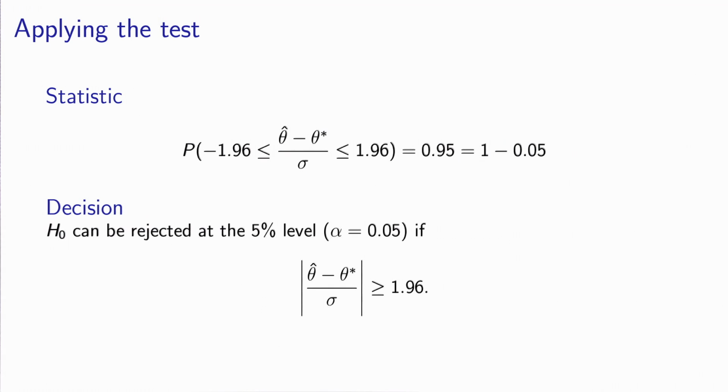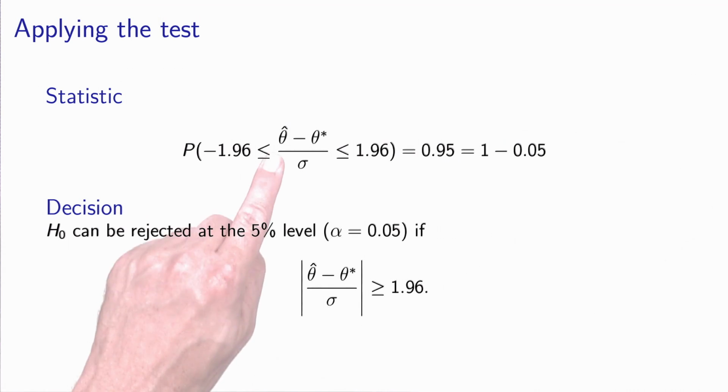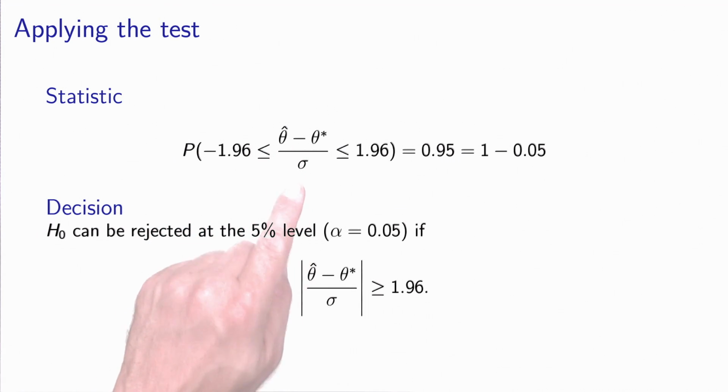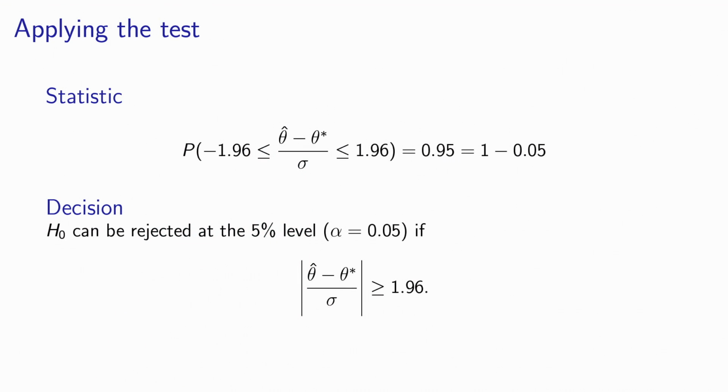Okay, so for the statistic that we calculate, theta hat minus theta star divided by sigma, the probability that it lies between minus 1.96 and 1.96 is equal to 95%, as we saw in the picture. And 95% is 1 minus 5%. So 5% is the level at which we would like to apply the test.